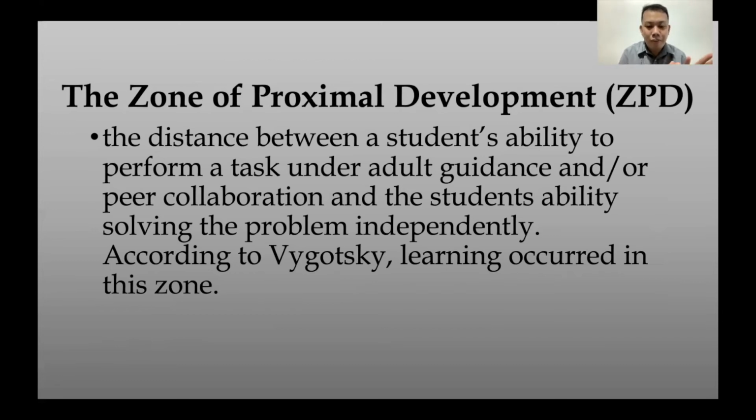So ito ikaw dito sa left side, ito ikaw na kailangan ng supervision para magawa mo yung task. Dito naman sa kabila ay yung ikaw na kaya mong gawin yung task na walang supervision. Yung pagitan nitong dalawang to, this is the zone of proximal development. Dito nagaganap yung learning. Bakit? Dito unti-unti kang matututo. Up to the time na wala na nag-guide sa'yo.